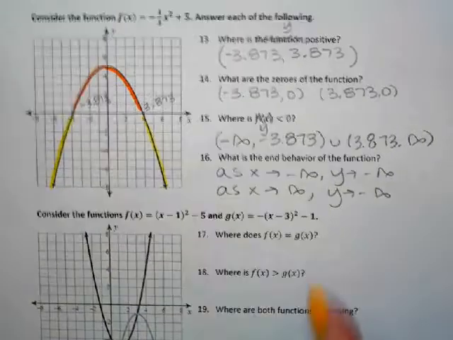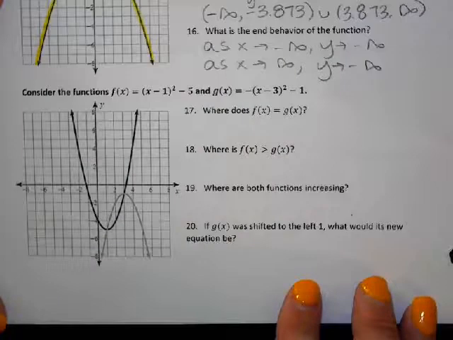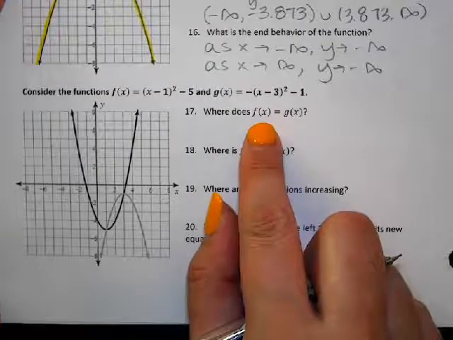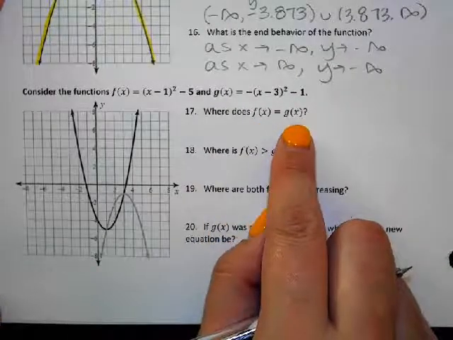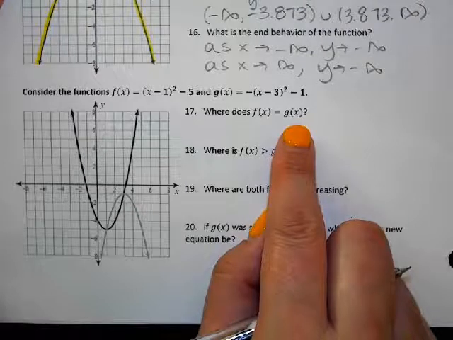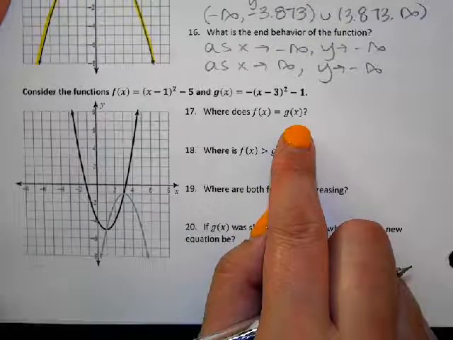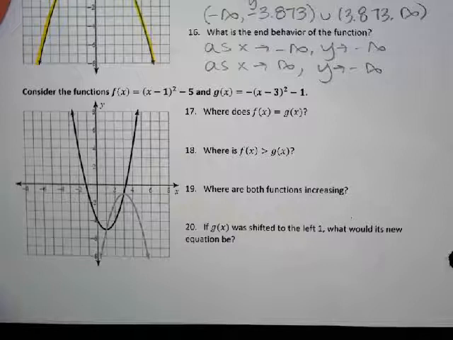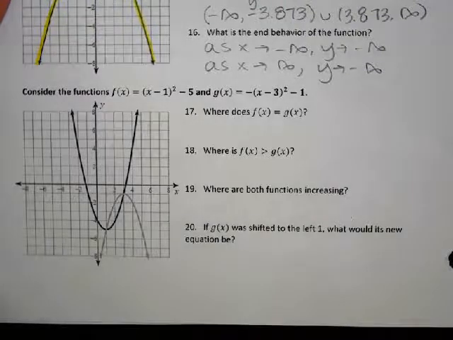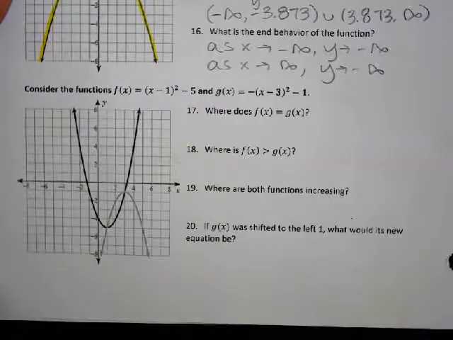Now for the last one. When it says, where does f of x equal g of x, what are we even trying to describe there? Anyone know? Yeah, where do they cross? Where do they connect with each other? Okay, now this one looks like it's a whole number, and it is. So you can tell this without graphing it on your calculator. Can you guys tell? And this is a where question.